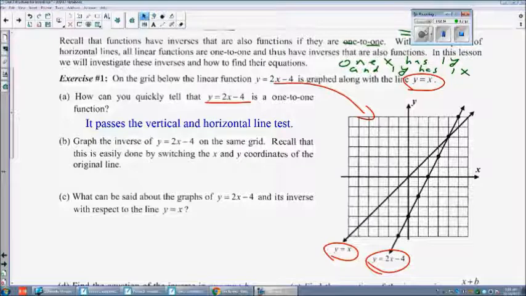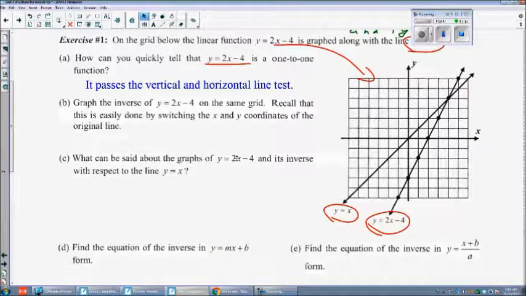Okay, anyone in the classroom, do you remember how to graph the inverse? Recall it's easily done by switching the x and y coordinates. So grab two points, any two points. I'm going to grab that one, and is there another one that was given to us?